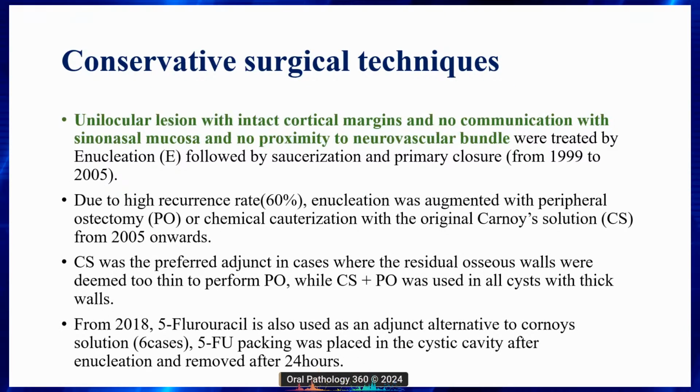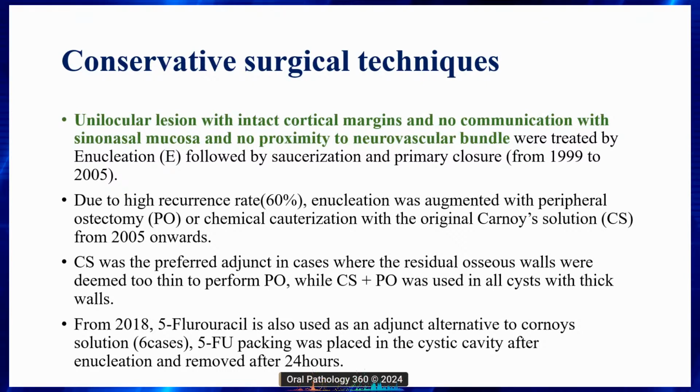Unilocular ones with intact cortical margins and no communication with sinonasal mucosa and proximity to the neurovascular bundle were treated by enucleation as mentioned and primary closure prior to 2005, but due to its high recurrence rate of 60%, it was then augmented with peripheral ostectomy or chemical cauterization with Carnoy's solution.